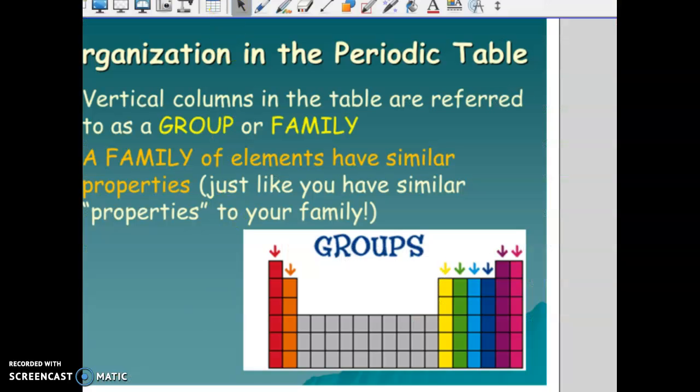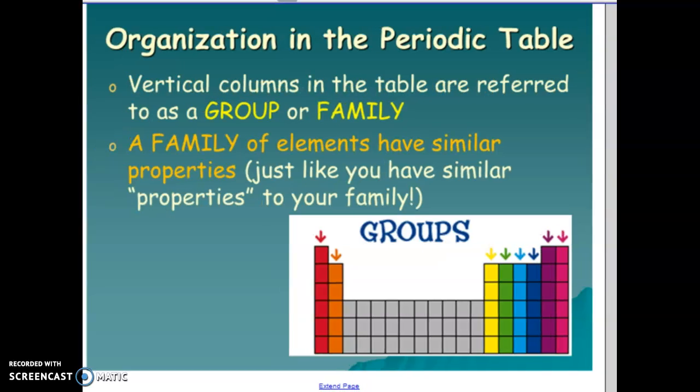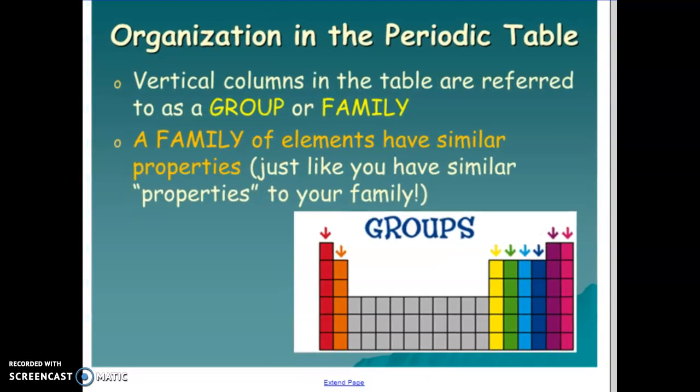Sometimes these groups are also referred to as chemical families, and that's because a lot of the elements in a group together, the same vertical column, have similar properties, just like families have similar characteristics to each other. Maybe everyone has brown hair, or everyone has hazel eyes or something like that.